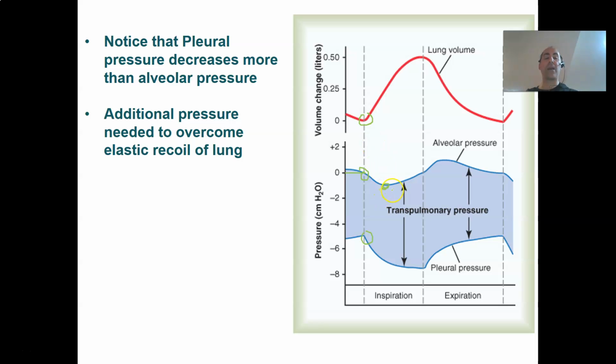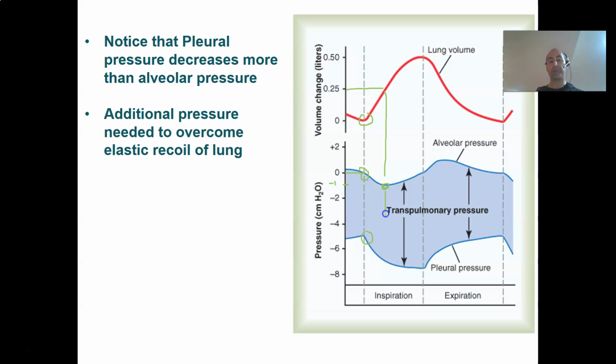which is halfway through an inspiration, give or take, maybe a third, what has happened is the pressure has dropped from 0 to about -1. Well, you draw a line straight up, or straight as you can be, and you see that you're roughly at about 0.25 liters of air that you've taken in.